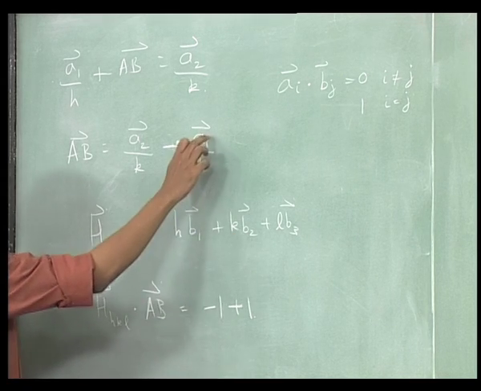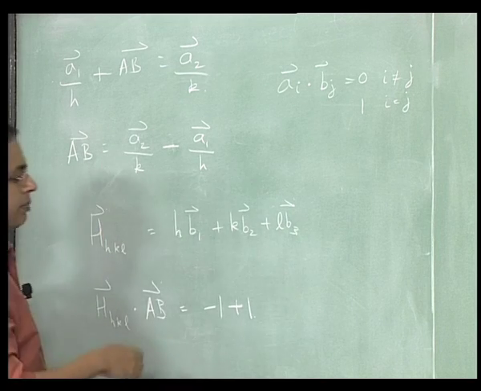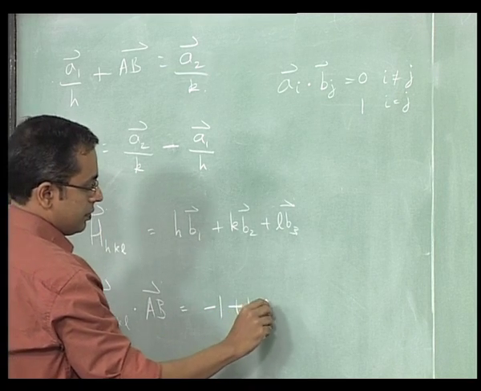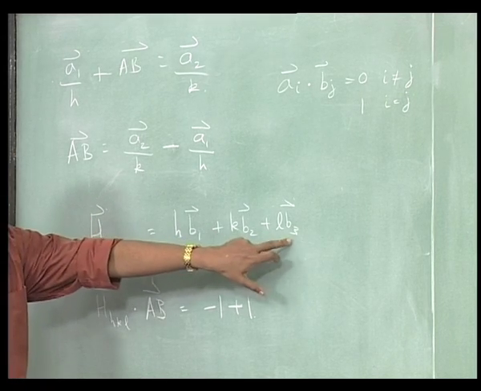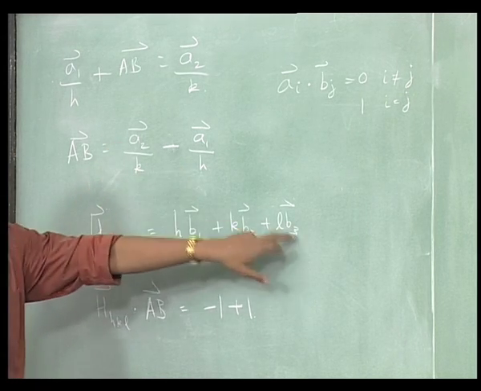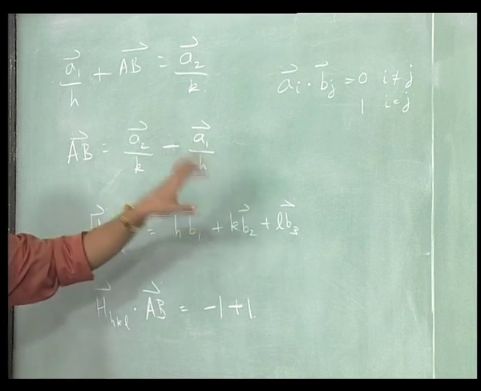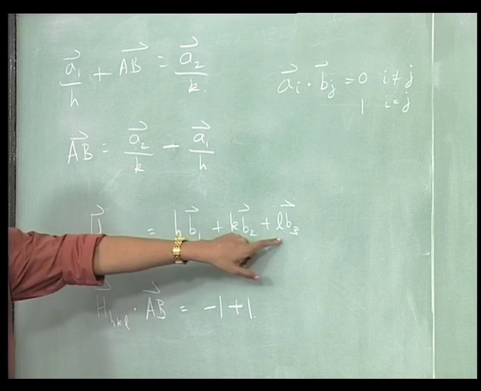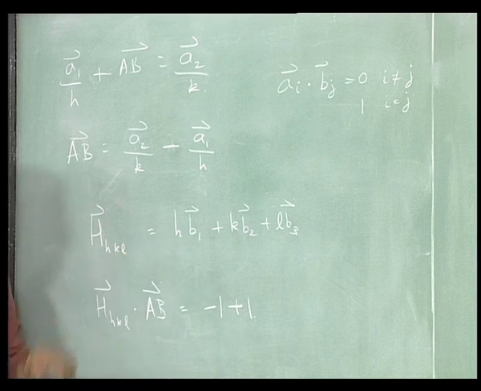B2 dot A1 is going to be 0 because it is a subscript 2 and that is a subscript 1, we already saw that by definition. So that is a plus 0, so that term will become 0. Then B3 dot A2 is going to be 0, B3 dot A1 is going to be 0. So this term does not contribute in any way, it becomes all 0. The dot product with this gives us a plus 1, the dot product with this gives us a minus 1. So this is equal to 0.